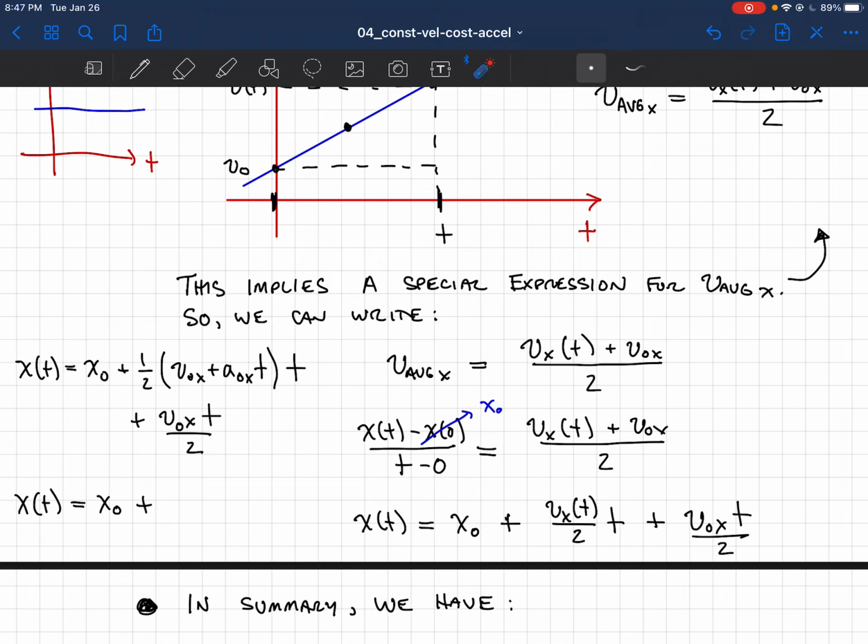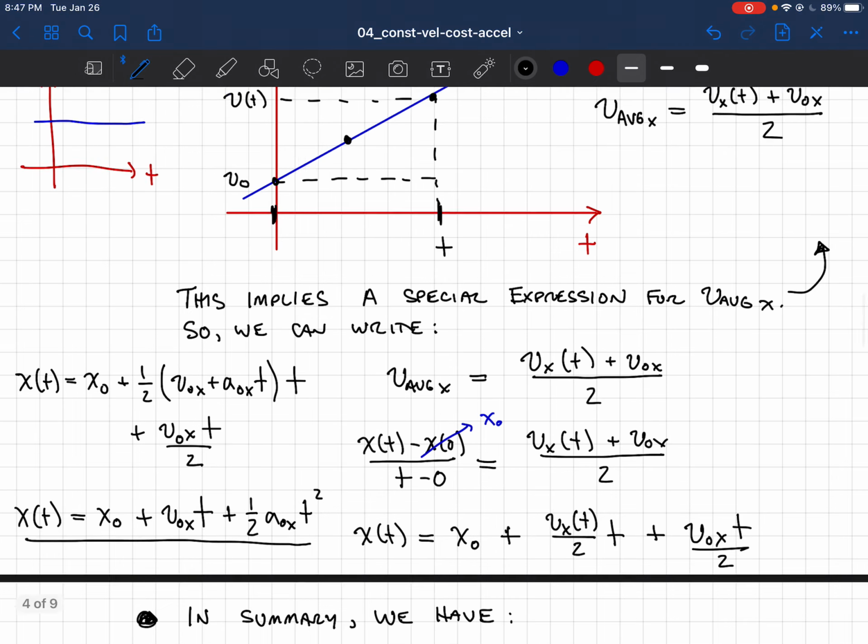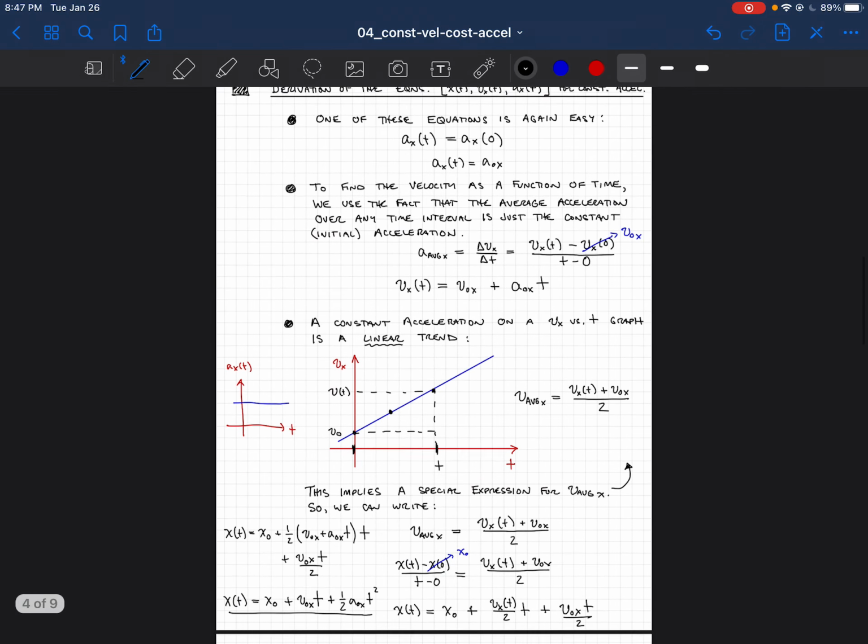We have a 1/2 v0x times t, and we have a 1/2 v0x times t, and that just becomes v0x times t. And then we have a 1/2 a0x times t, and that becomes 1/2 a0x t squared. There's our equation.